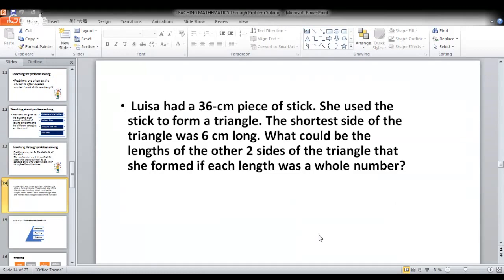Yeah, some of them, Geraldine, I agree with you. Some students have that answer, any length that would sum to 36, right? But some of those sides would not form a triangle. Kahit anong gagawin mo sa angle, hindi talaga siya mag-form ng triangle.